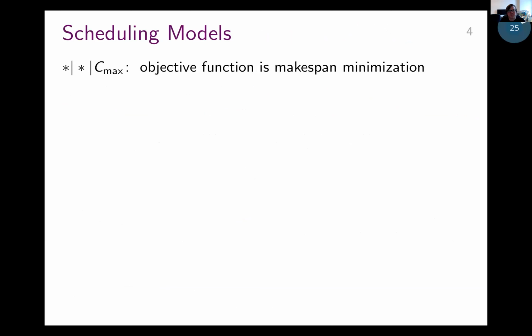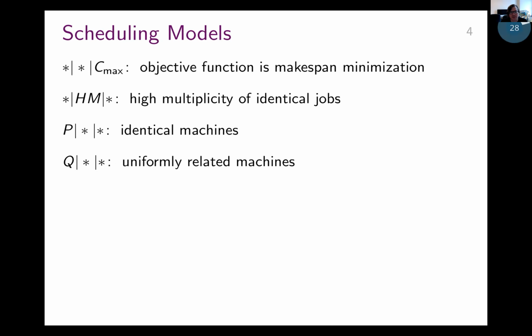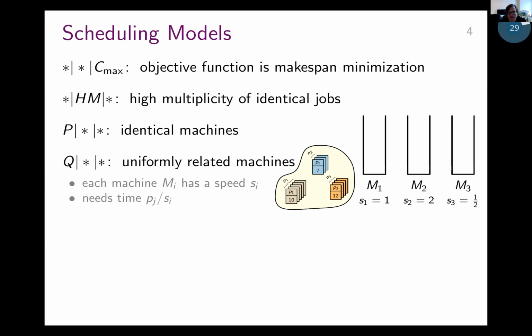That's the question. So what are the models we will be studying? Cmax is that we're looking for makespan minimization, HM is high multiplicity, P is identical machines, and additionally, we will be looking at the uniformly related machines model, where additionally each machine has a speed Si, and a job with length Pj needs time Pj over Si on this machine.